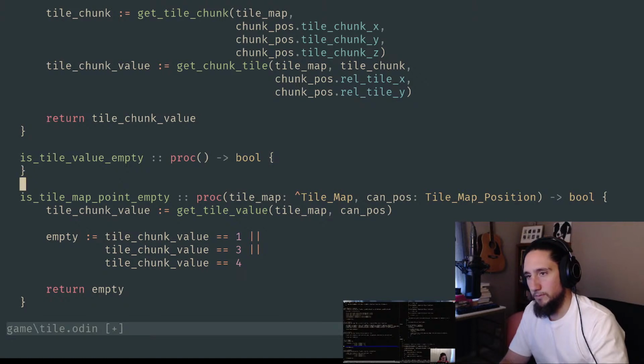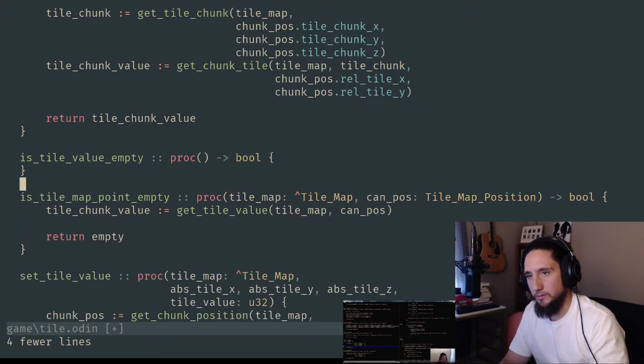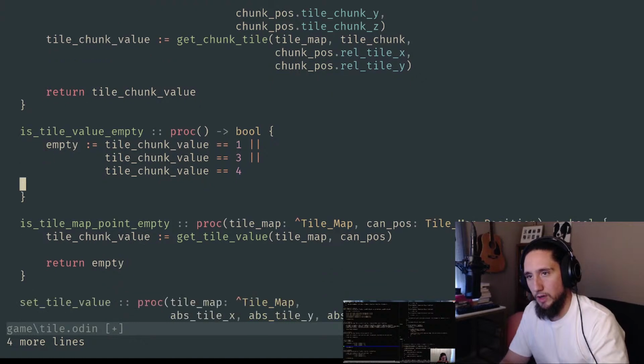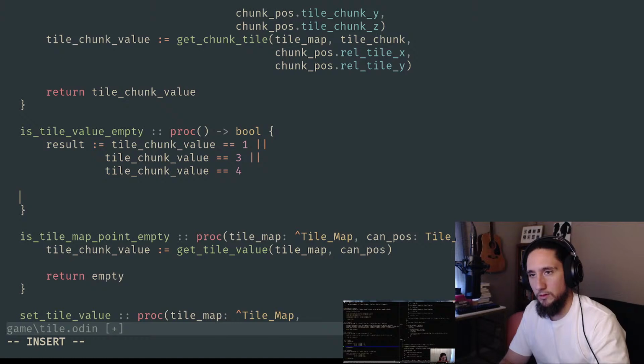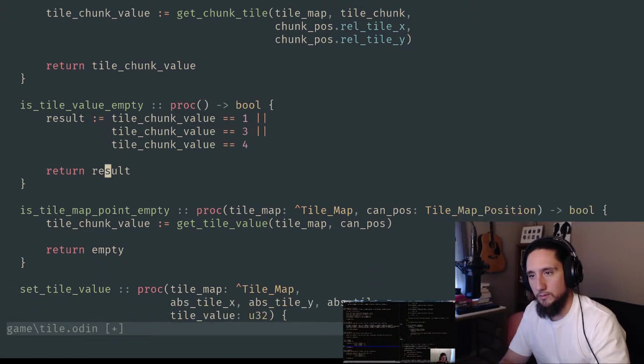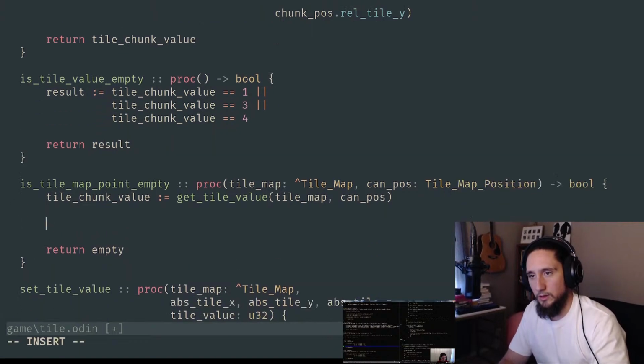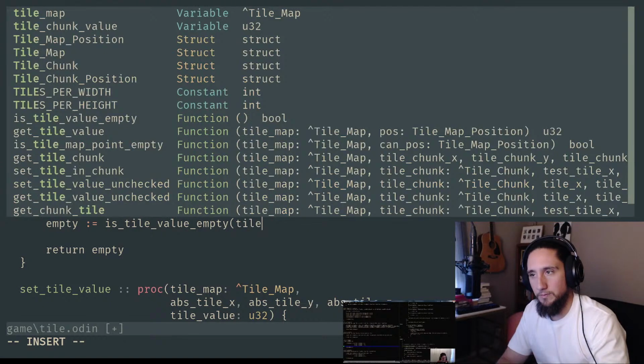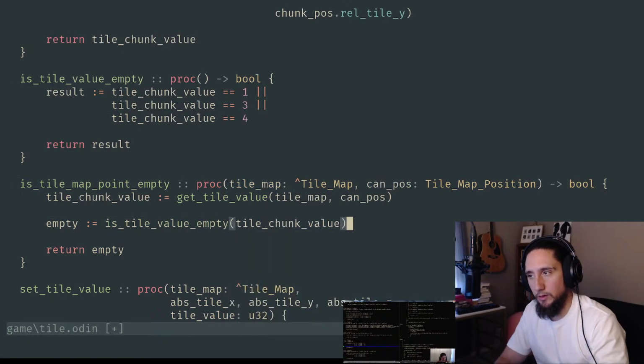Just so I can reuse. That does make sense. So just throw that in there. Result. Return result. Then in here, we say empty is tile value empty, tile chunk value.